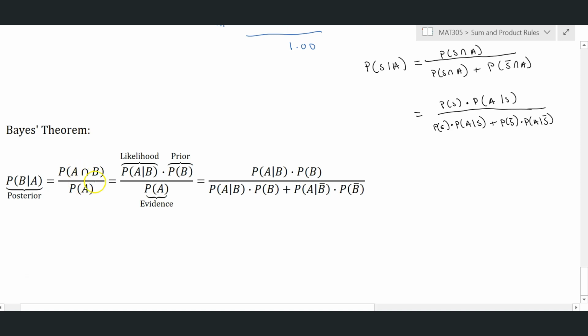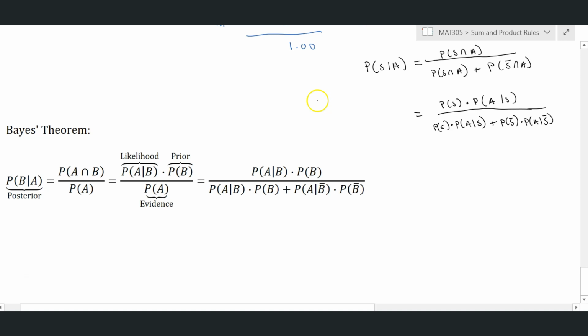And then now to get the joint probability, because we had a condition, we still do the product rule, but it's the probability of B times the probability of A given B. Probability of B is called the prior. Probability of A given B is called the likelihood. And probability of A in the denominator is called the evidence. And then we just unpack how we get the probability of A from all the bits and pieces. And now we have the full-on Bayes theorem.